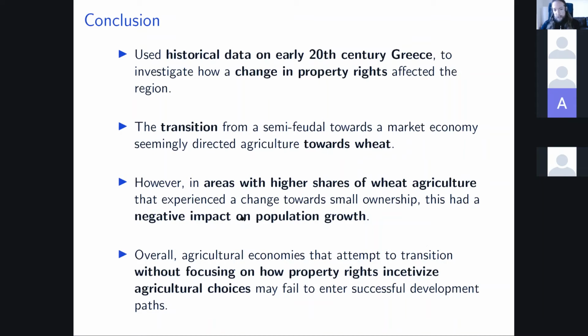But in areas with higher shares of wheat agriculture, they experienced a change towards smaller ownership, and this had a negative effect on population growth. So essentially, the argument is that they tended to focus on a cash crop, which was not beneficial in the long run for the population density, if that's a correct approximation of development.